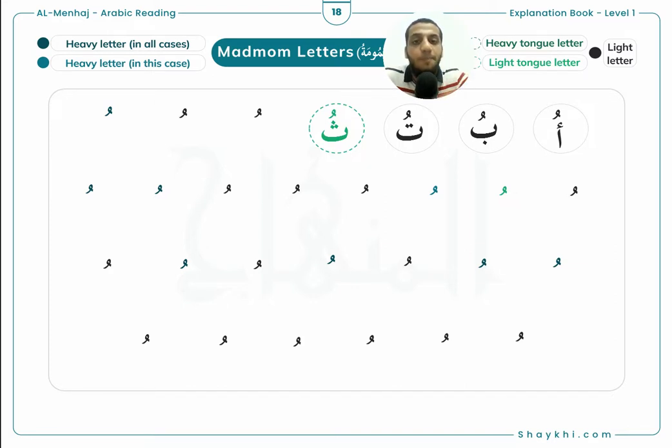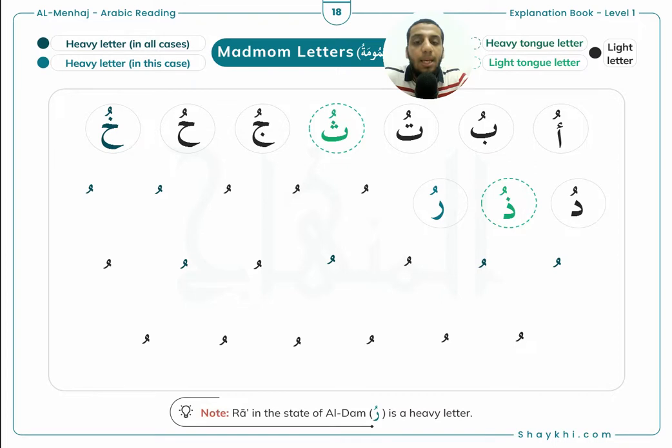Thu, rounding of my lips. Thu, ju, ju, hu, hu, khu, khu, du, du, dhu, dhu, ru, ru.